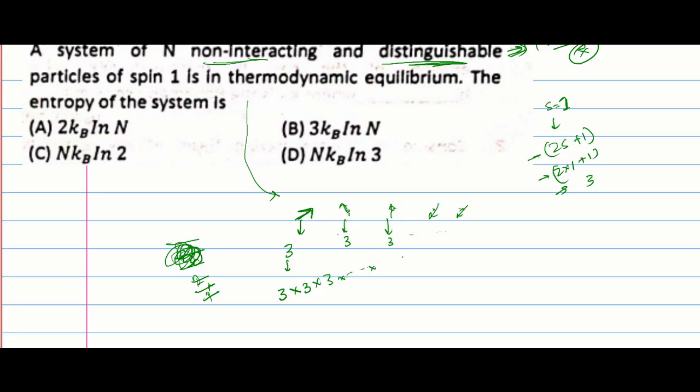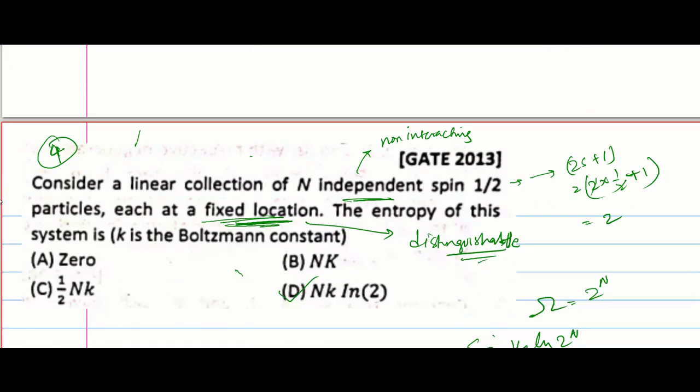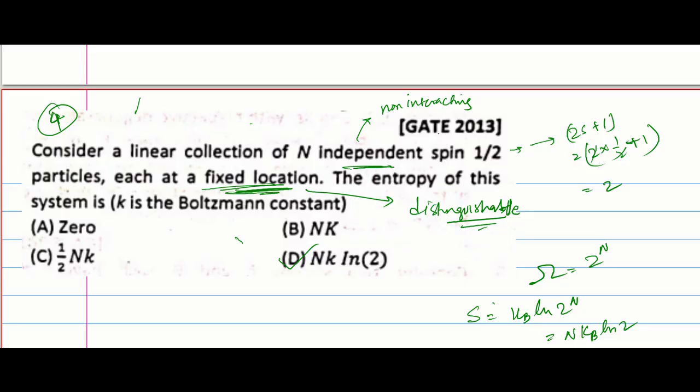How many particles are there? N particles. So this system can have 3 to the power n number of microstates. And S, we know S is kB ln omega. So kB ln 3 to the power n, this n will come outside: n kB ln 3. This is the answer. Now let's go to the next question, which is the fourth question.